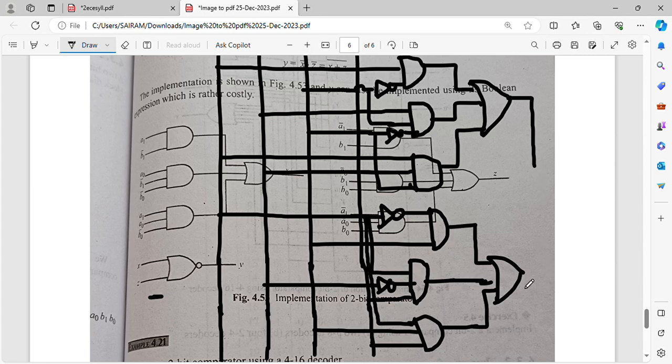So we'll connect this particular result to the NOR gate, wherein you will be getting the resultant as y is equal to x plus z the whole bar, right?